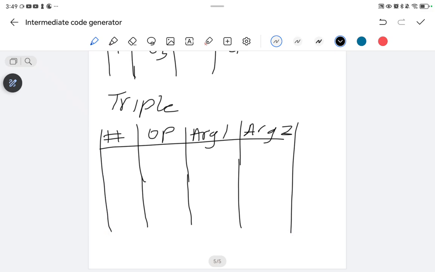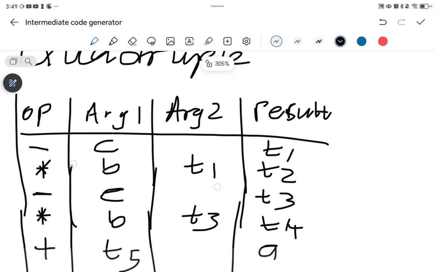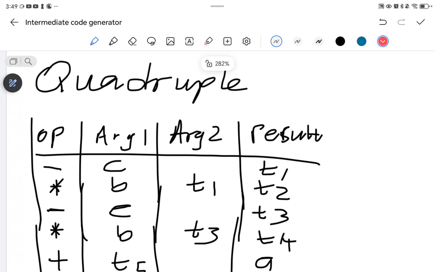The question is, what are we going to replace them with? Let me include this here so that you can see. So T1 is here, the operand is negative. Let me write them on this side.